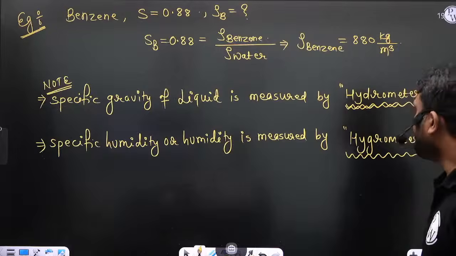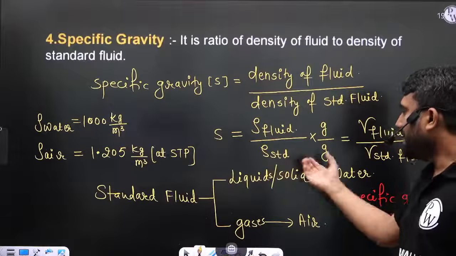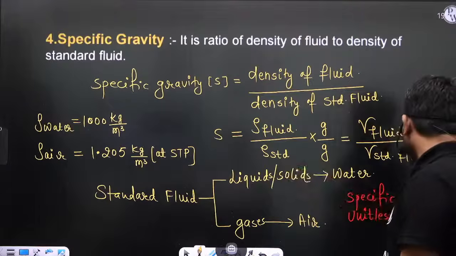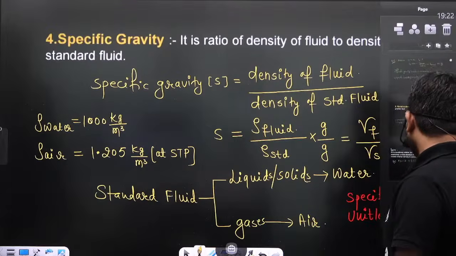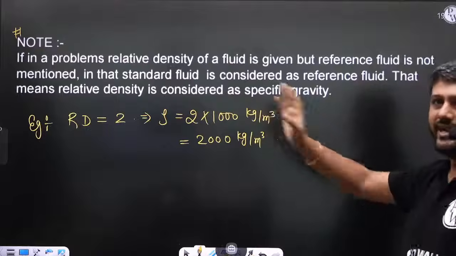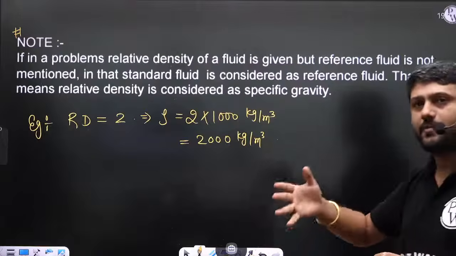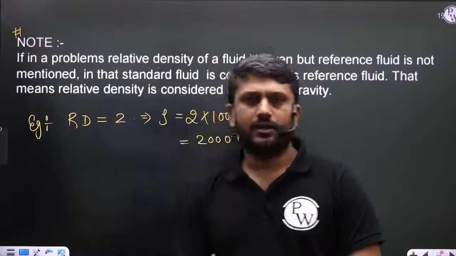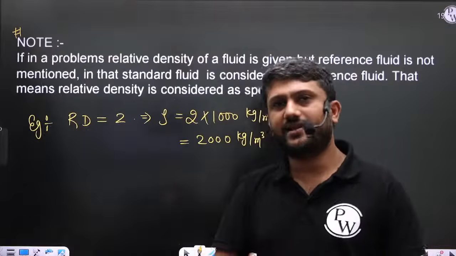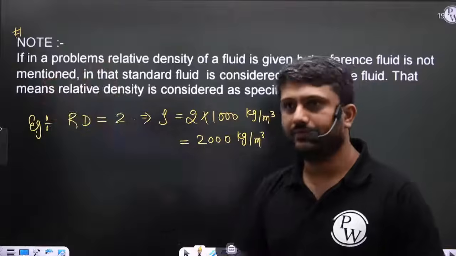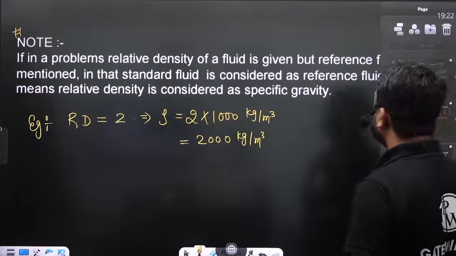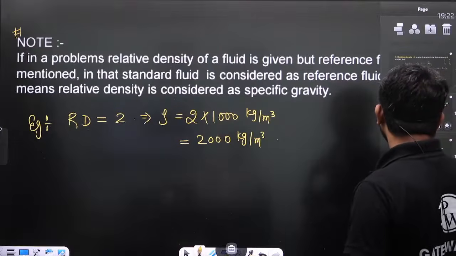In case of liquid and solid, the standard fluid is water, whereas in case of gases, the standard fluid is air. So whenever the relative density is mentioned in the problem and the reference fluid is not given, then no need to worry, that relative density is nothing but the specific gravity only. Sometime you are facing such type of problem, so don't get confused.